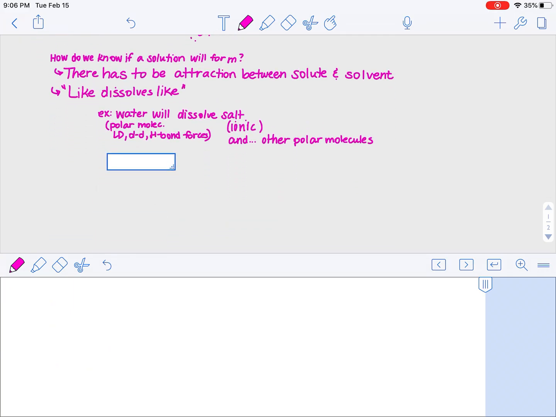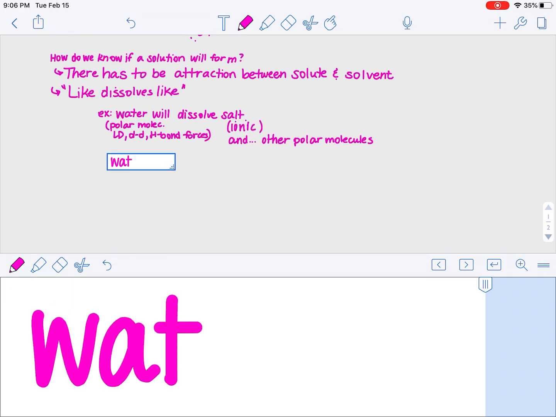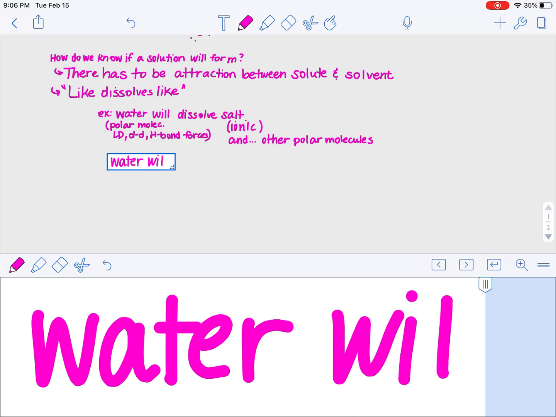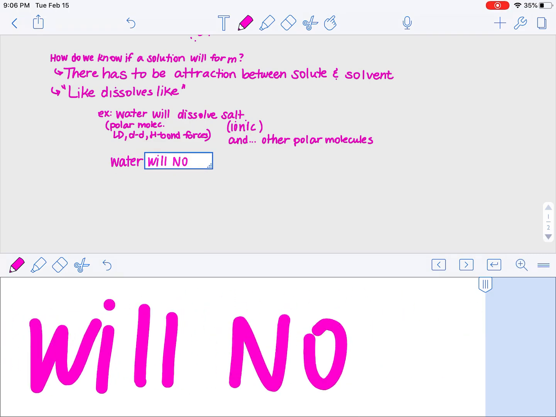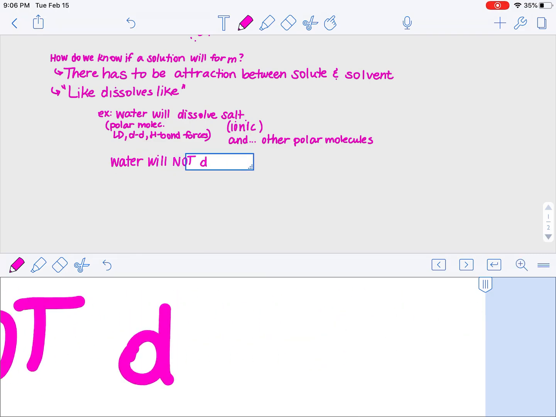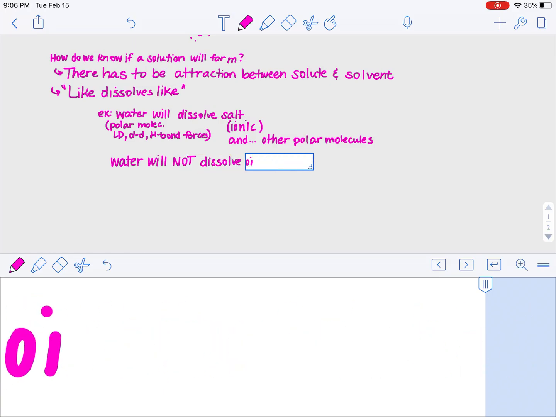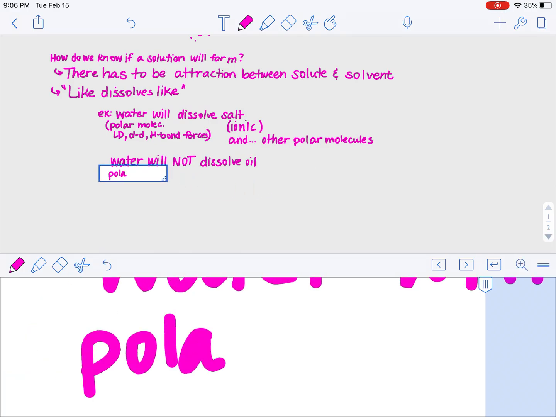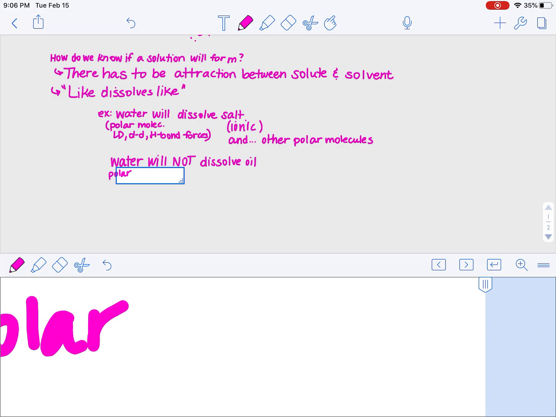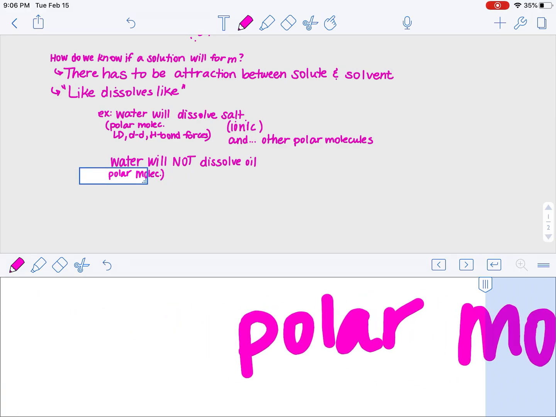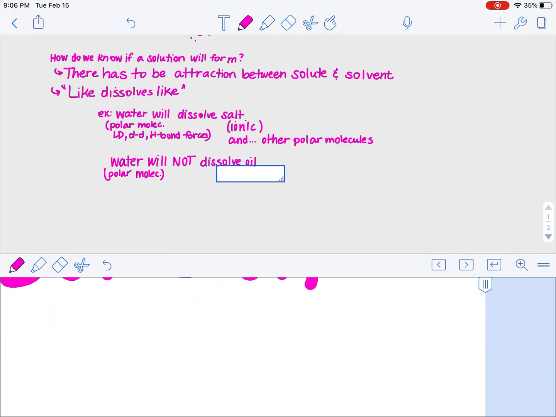That brings us to our next one. So water will not dissolve oil. Well, again, we know water is a polar molecule. It's got the London dispersion and the dipole-dipole and the hydrogen bond forces, but it's not going to dissolve an oil.